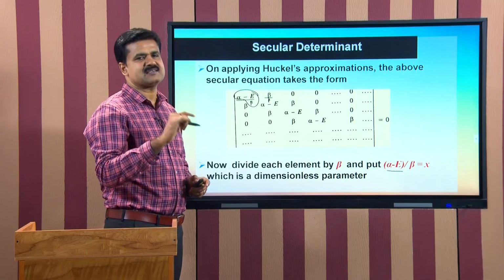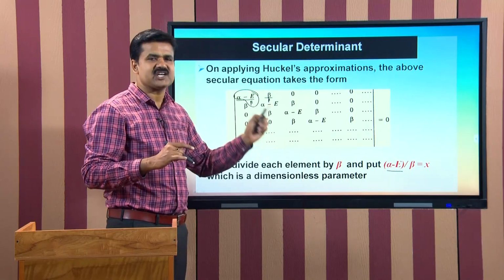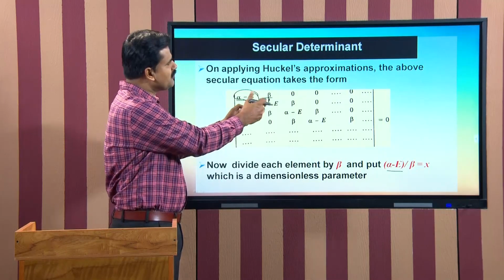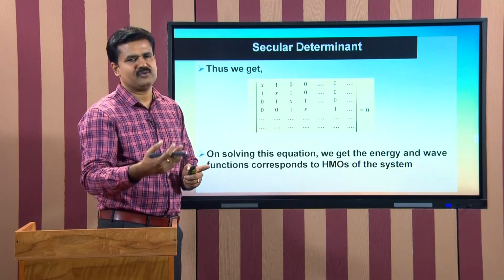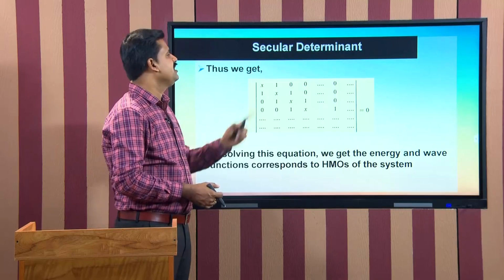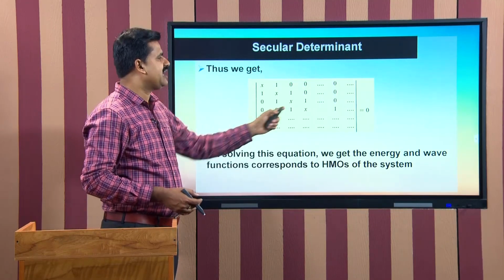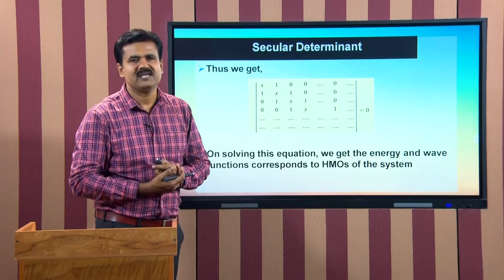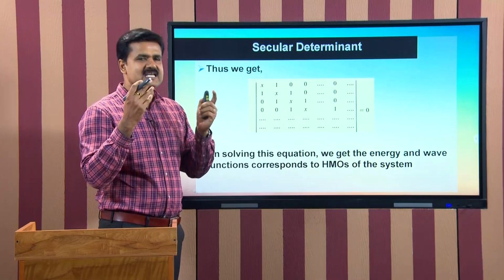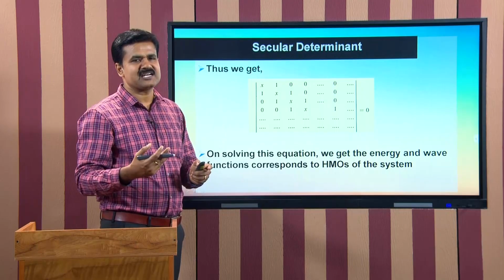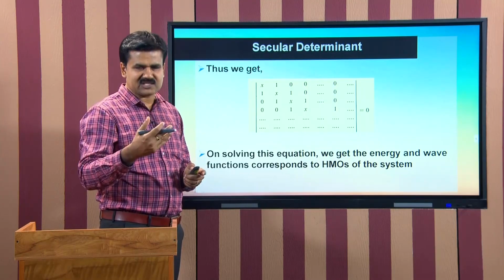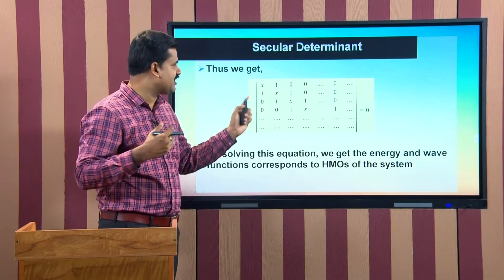On applying that substitution, where x is a dimensionless parameter, I can further simplify this secular determinant to a new form. This is the new form: x 1 0 0, 1 x 1 0, like that, and finally RHS will be equal to 0. So, the n by n secular determinant that we previously wrote now takes this simplified form.